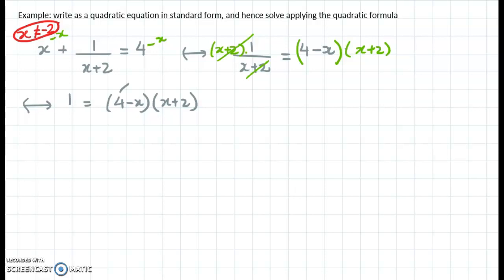Now we need to expand the right hand side, so we need to multiply the first bracket into the second one, and we have that 1 is equal to 4x plus 8 minus x squared minus 2x.